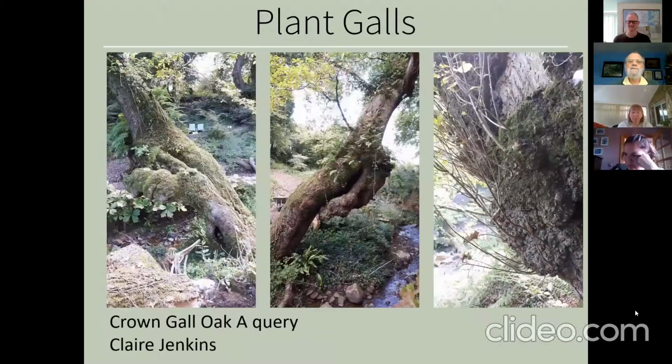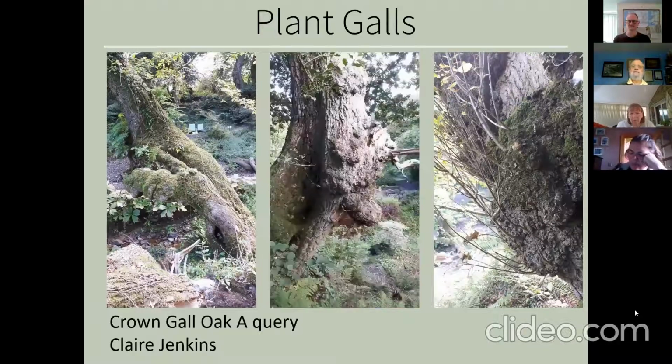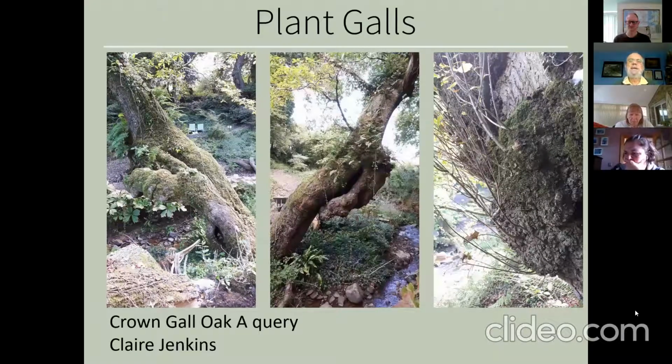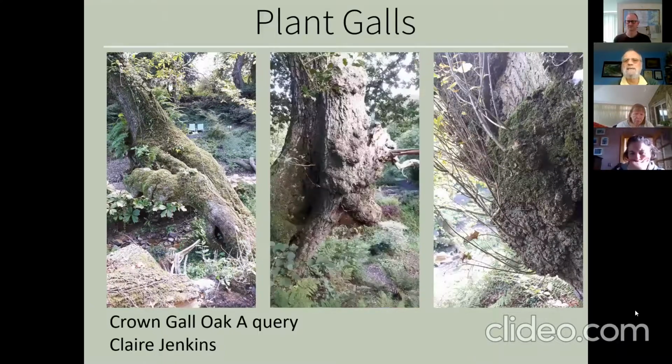Then we have the crown gall. This is one of the few where the organism that causes this is a bacteria. And it's one of the relatively few gall causes that has a very wide host range. Most of them have very restricted host ranges. It's an agricultural pest, commercially important because it can do a lot of damage to plants.